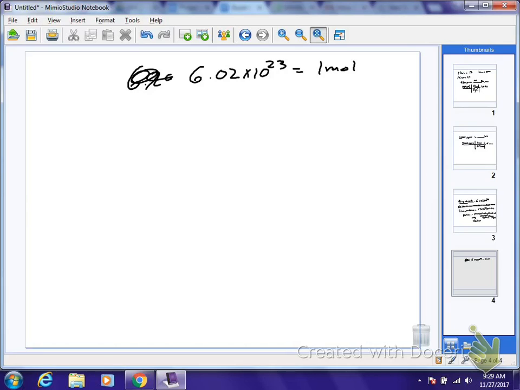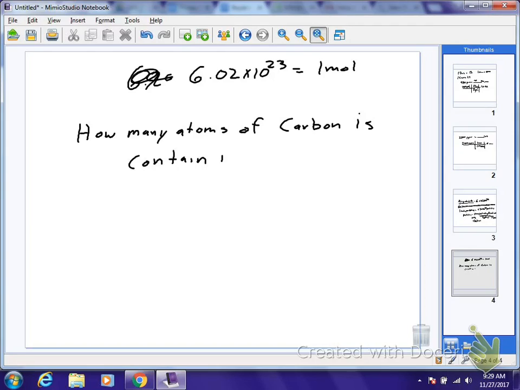So then I'm going to go ahead and give you a problem. I'm going to say, how many atoms of carbon is contained in 0.50 moles of carbon atoms.